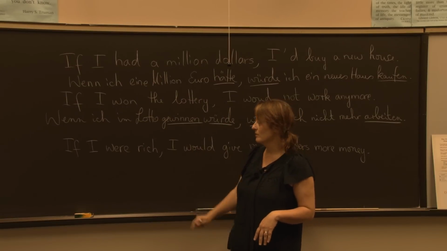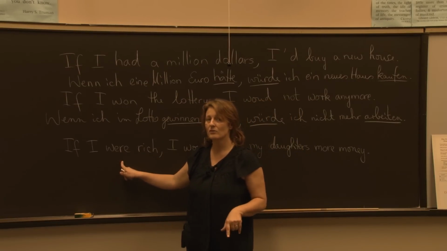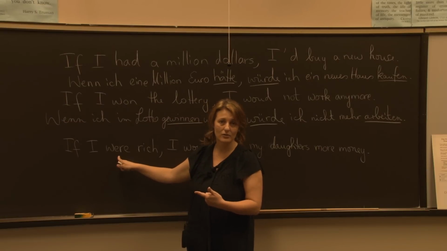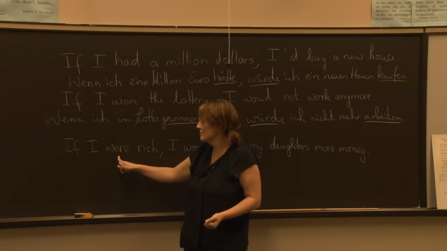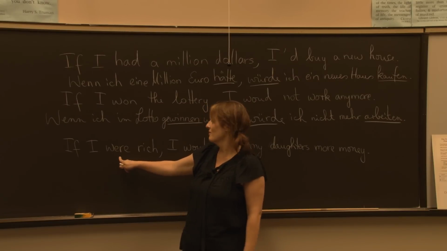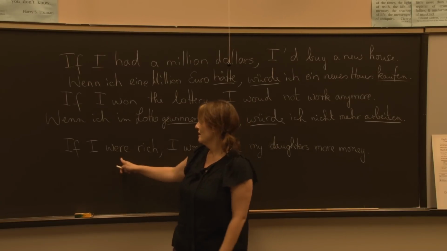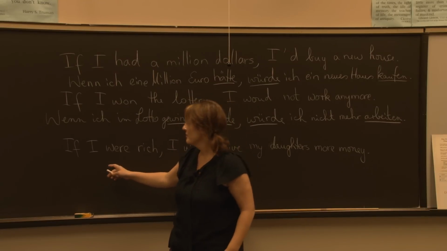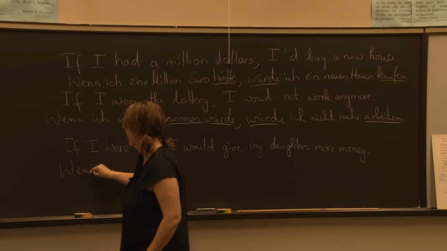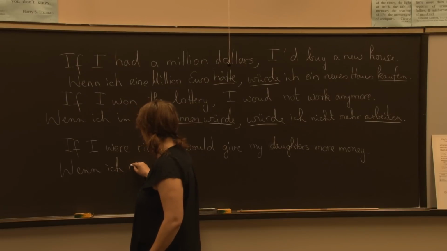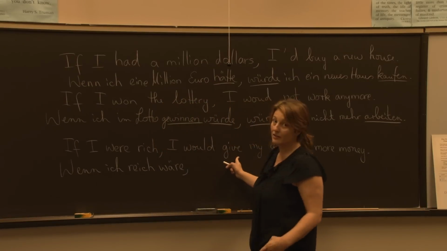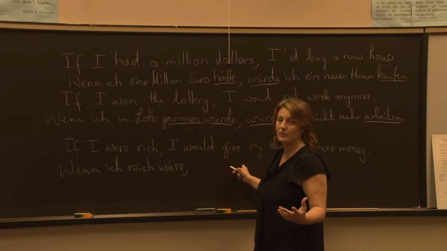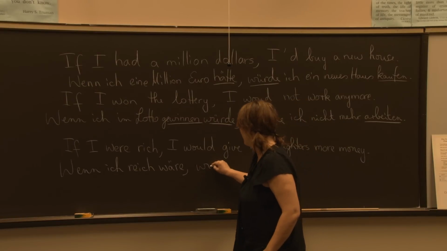If I were rich, the verb to be has its own subjunctive form. Actually pretty close to this one, if you think about it. English and German were once the same language. Can you tell? We still have things that look the same. Yeah, were, wäre, no? Okay, so wenn ich reich wäre, give, we have to use it with würden, no?